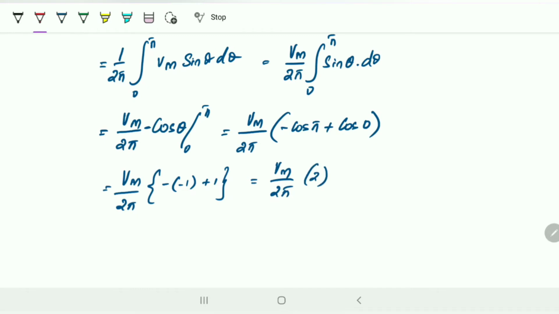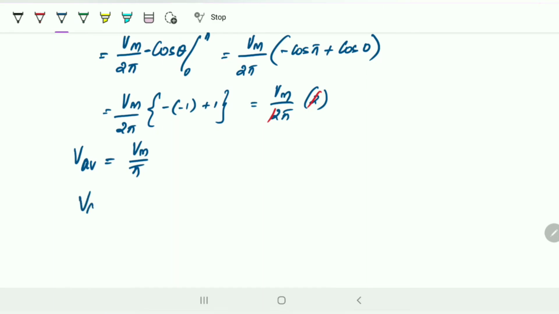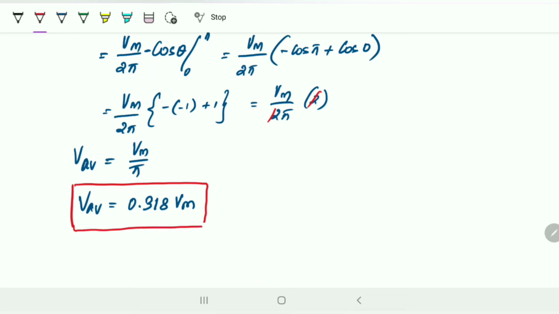We cancel the 2 and 2, and you get your answer VAV, the output average voltage, as Vm by pi. If I find the value of 1 divided by pi, which is 1 by 3.14, the final answer for VAV can also be written as 0.318 into Vm. So this is the average voltage you get in the half wave rectifier.